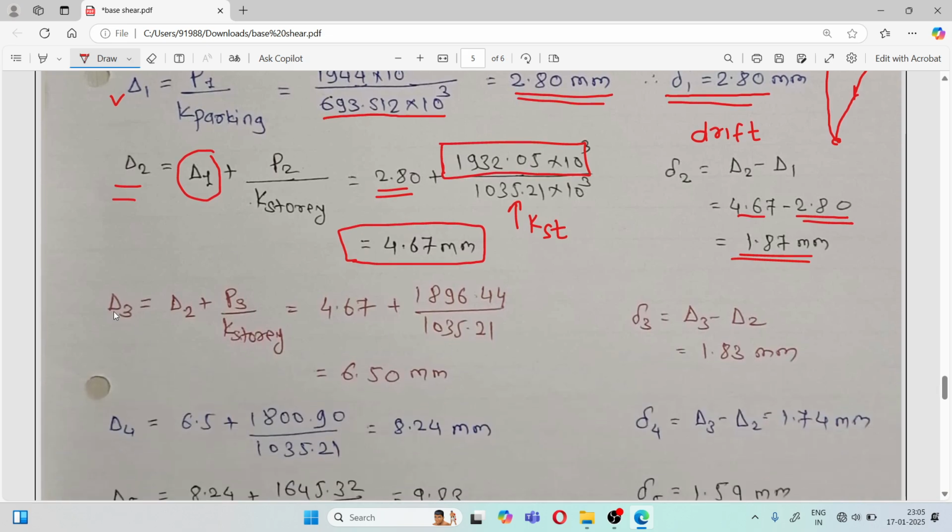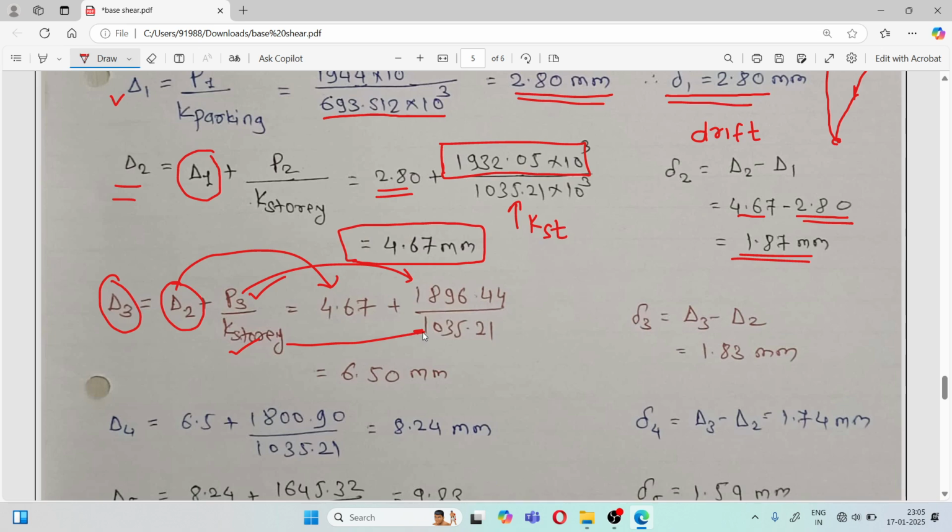Similarly, delta 3, the displacement at the third story, will be equal to the displacement at the second story plus the load at the third story divided by the stiffness of the third story. So delta 2 is 4.67. The force acting at the third story, you can check in our table, it is 1896.